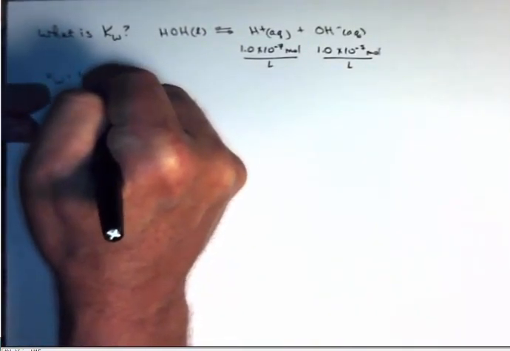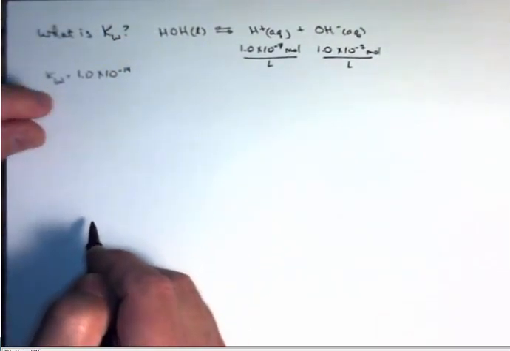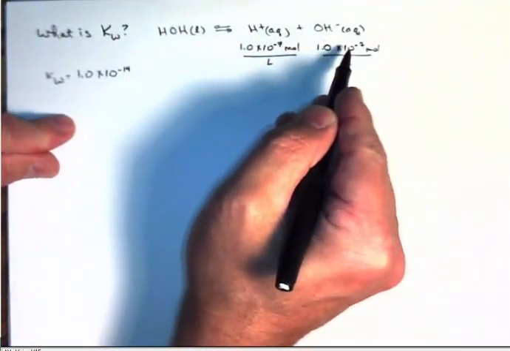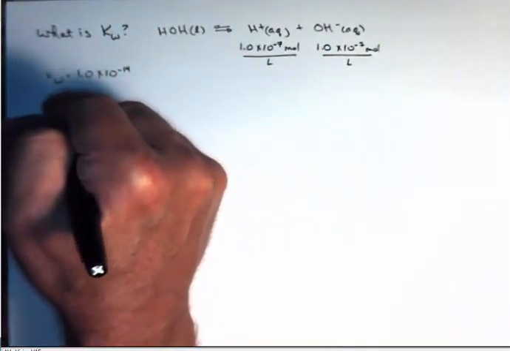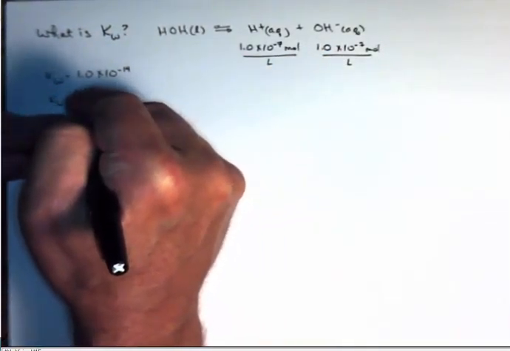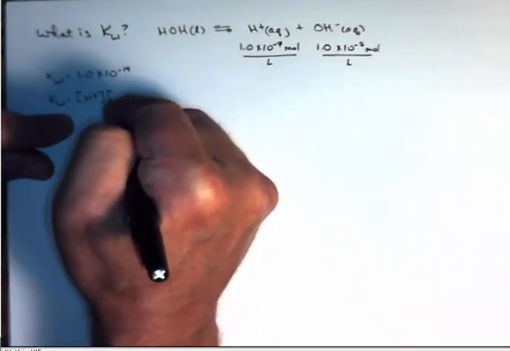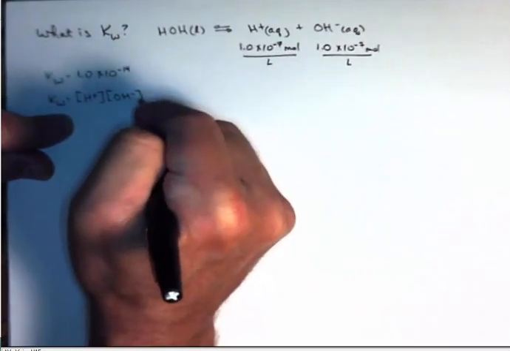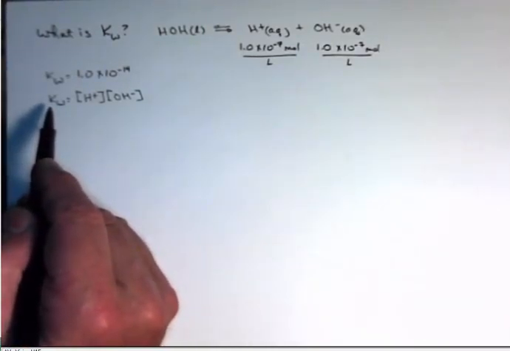Kw is 1.0 times 10 to the negative 14. And that's this number times this number. So this Kw is the molar concentration of hydrogen ions times the molar concentration of hydroxide ions. Now, if that only applied to pure water and no other situation, then it wouldn't be a constant.